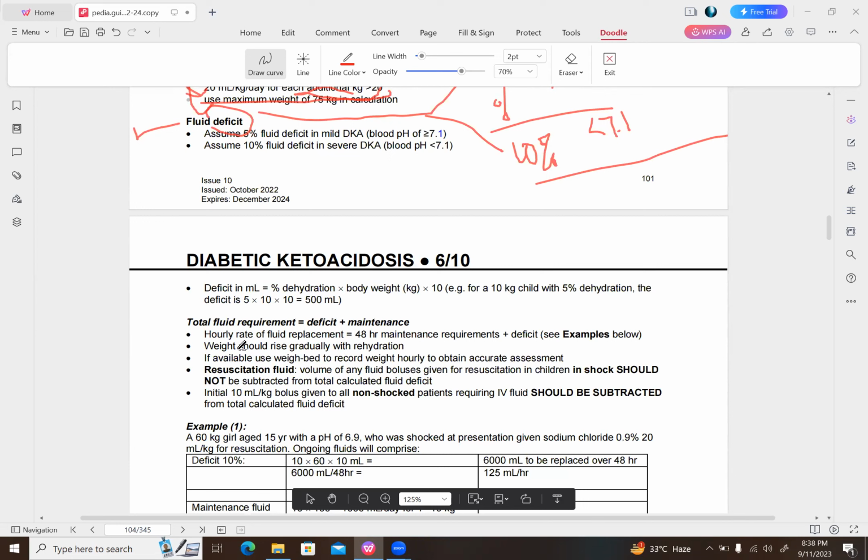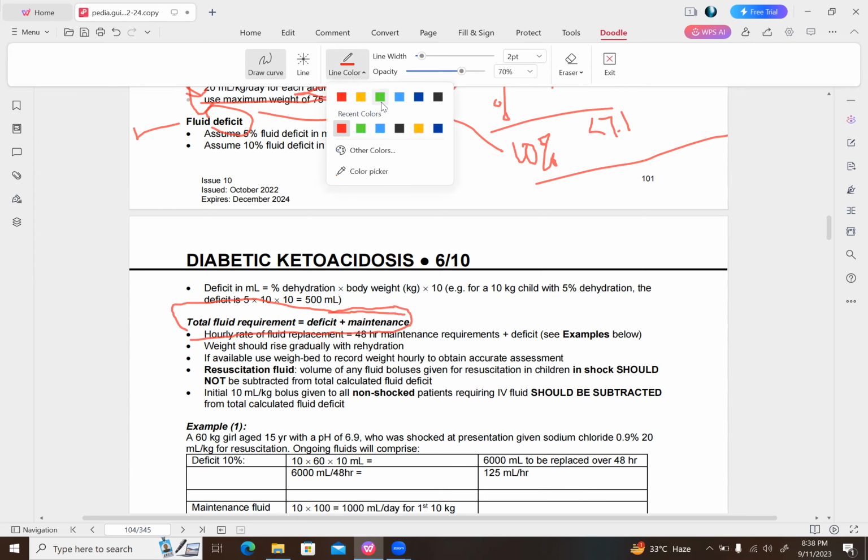This is the formula, okay? What is the total fluid requirement? It is the deficit plus the maintenance. And how do you calculate the deficit? Now look here. It is easy, okay?